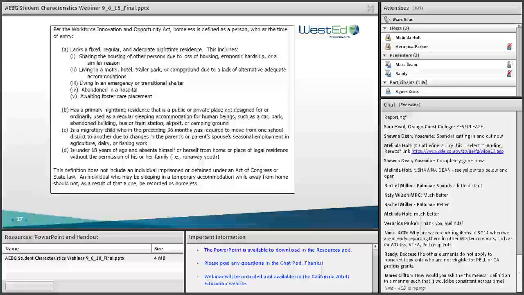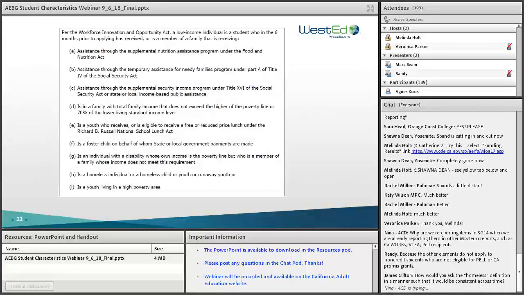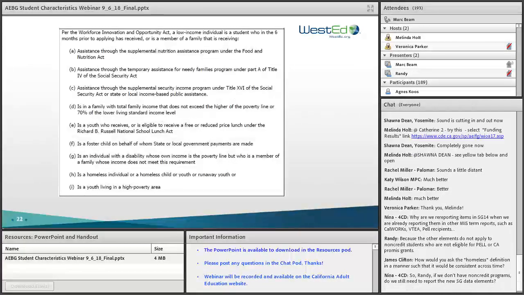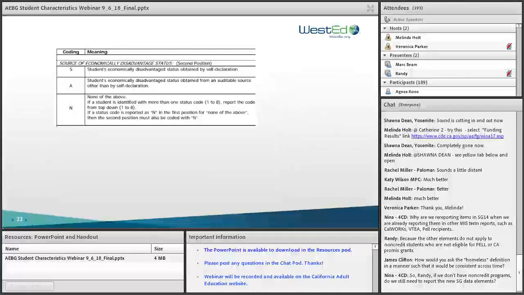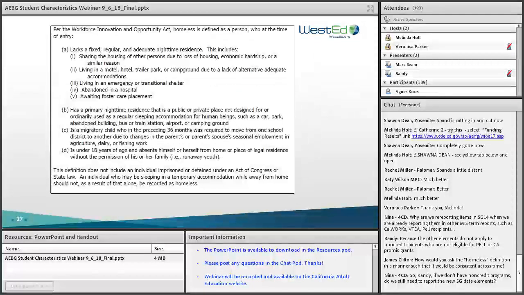I've also noticed homeless was part of the economically disadvantaged status earlier. Right there, H is a homeless individual. So again, we want to make sure that we're consistently collecting one data element and reporting it wherever it needs to be reported.